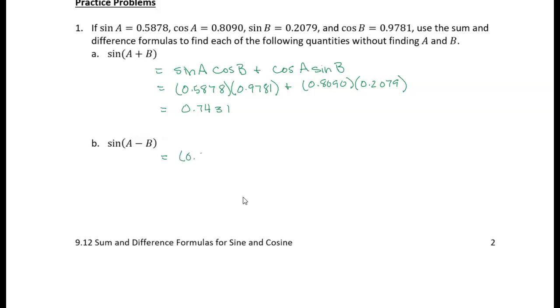It's the same numbers, 0.5878 times 0.9781, and it's going to be minus 0.8090 and 0.2079. Okay, just substituting in. I didn't write out the whole equation this time, but it's the same as this equation up here, only with a minus. And then just put it in your calculator. 0.4067 is what I got.